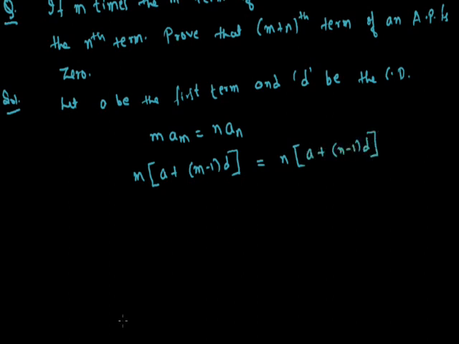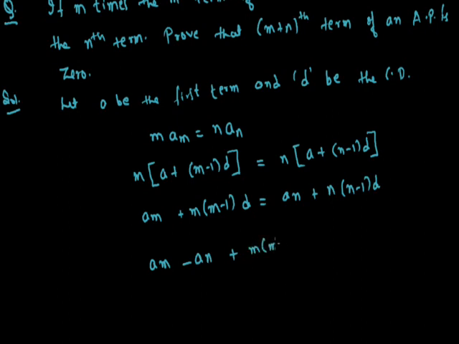So m times the mth term is equal to n times the nth term. So by multiplying, am plus m into m minus 1 into d is equal to an plus n multiplied by n minus 1 into d. So am minus an plus m into m minus 1 into d minus n into n minus 1 into d is equal to 0.